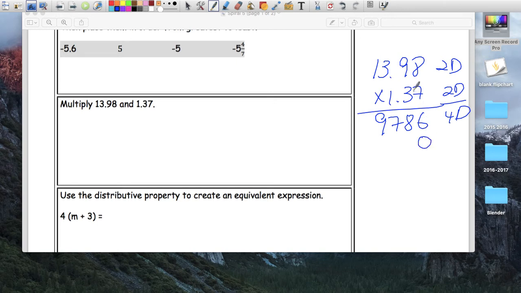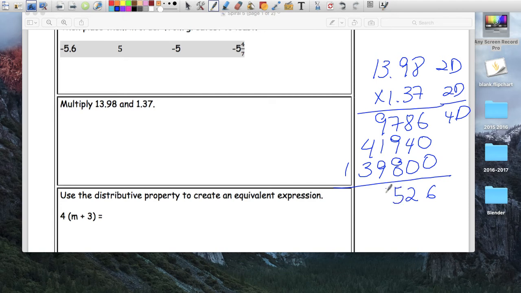Add a 0. 3 times 8 is 24, carry 2. 3 times 9 is 27, 29, carry 2. 3 times 3 is 9, 11, carry 1. Then 4. Add 2 zeros. 1 times 8, 9, 3, 1. My answer should have 4 decimal places: 1, 2, 3, 4.